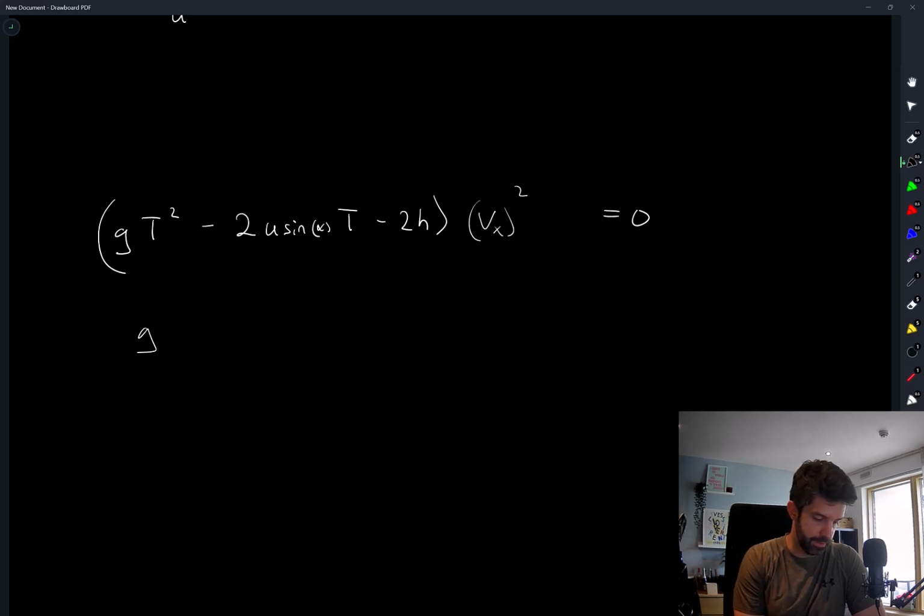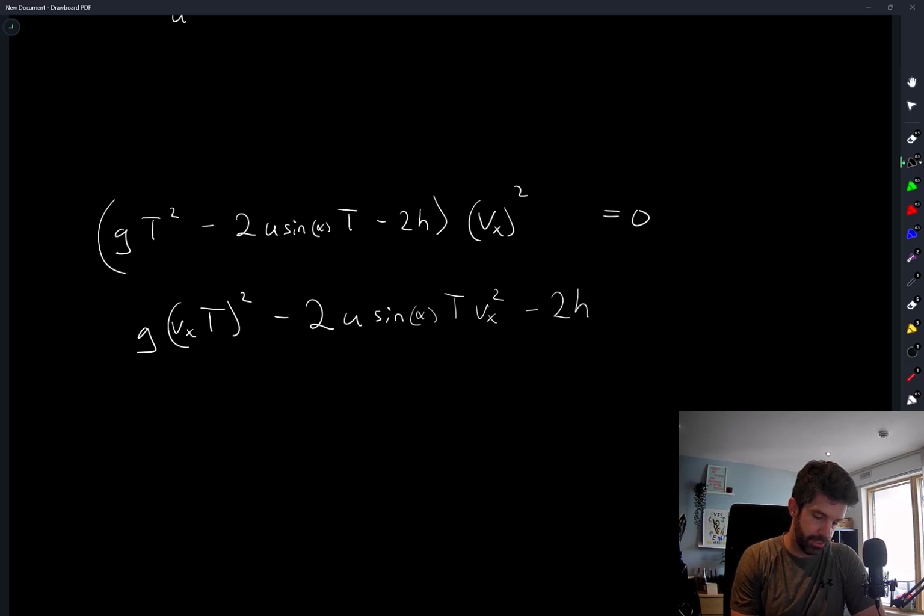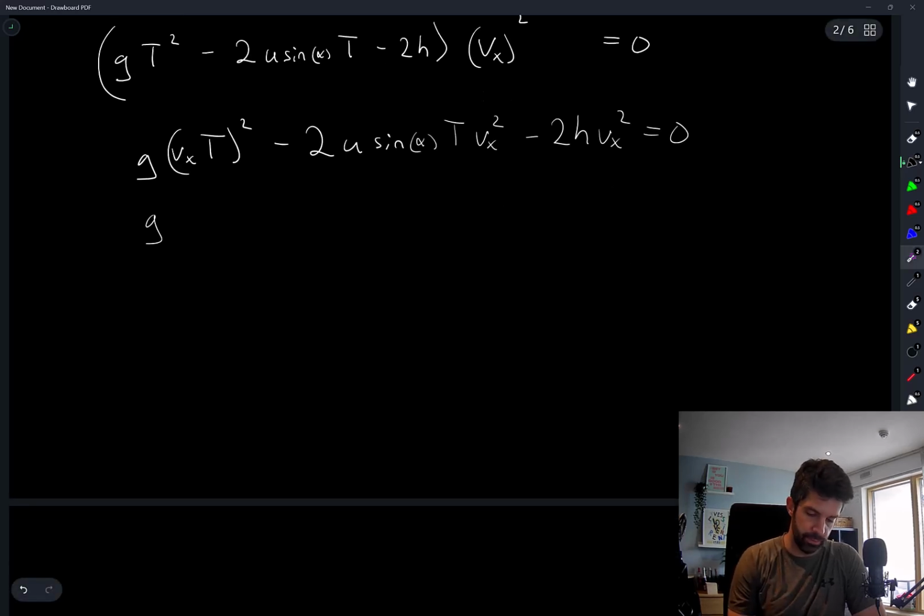So I have G times Vx capital T all squared minus 2u sine alpha T Vx squared minus 2h Vx squared is equal to 0. So the horizontal velocity times time is equal to the horizontal position, which is simply x squared here, minus 2. And in this one, I'm going to keep one of these as Vx, and the other power I'm going to write as u times cosine alpha.